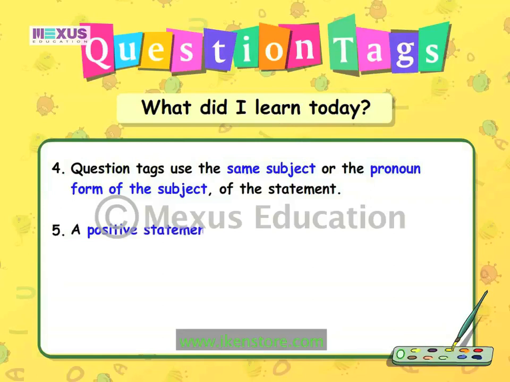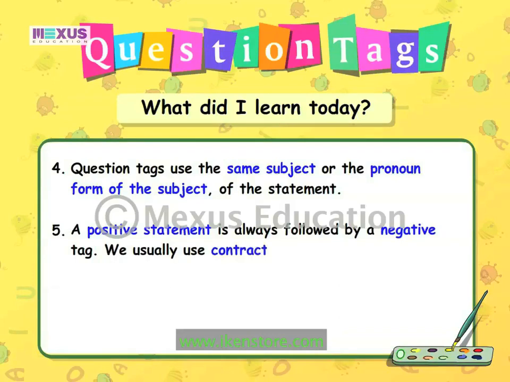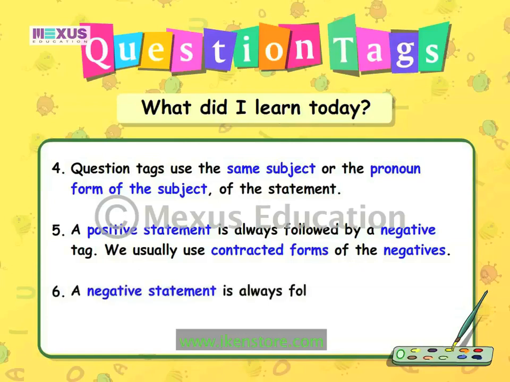Question tags use the same subject or the pronoun form of the subject of the statement. A positive statement is always followed by a negative tag. We usually use contracted forms of the negatives. A negative statement is always followed by a positive tag.